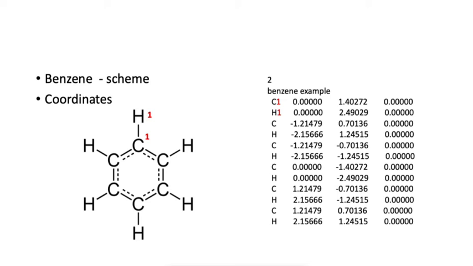Just to give you an idea of how the coordinates are stored and how the representation is done: here on the left you could see it's a benzene ring, C6H6. We all learned about this in high school. It contains alternate single and double bonds, or you could just show it by resonance here. With every carbon there's a hydrogen attached.